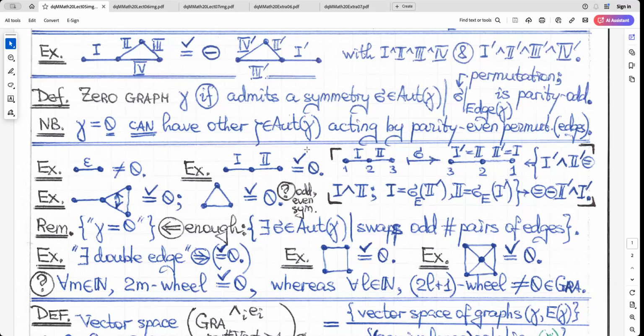This is why we discarded multiple edges. We postulated it from the very beginning because we knew where to go. Every graph with a multiple edge, with a double edge, obviously has a symmetry which interchanges these two edges and does nothing else to the rest of the graph. Of course, such graphs will be equal to minus themselves, therefore zero.